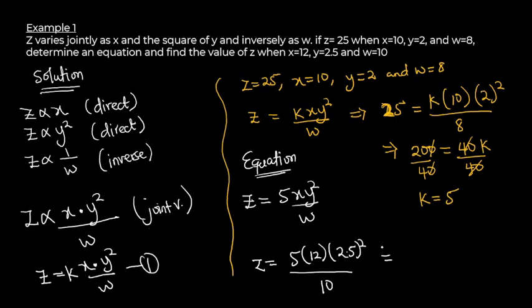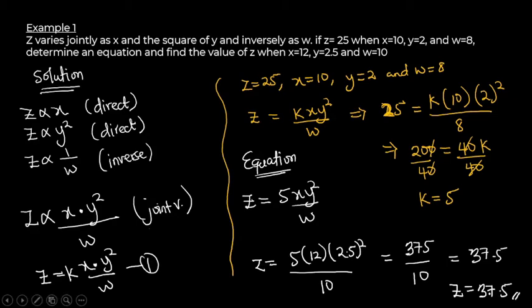If we compute this, the top will give us 375 over 10, so this is equal to 37.5. This means our value of z when x is 12, y is 2.5, and w is 10 is equal to 37.5.